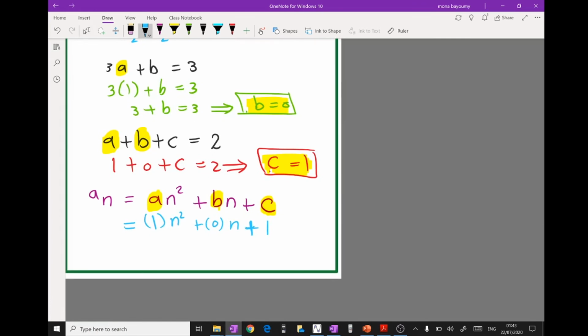So an equals 1 times n squared, which is n squared, 0 times n which is 0, plus 1. So an equals n squared plus 1. This is the nth term. I think everything is very easy now.